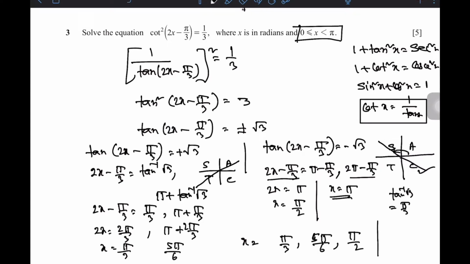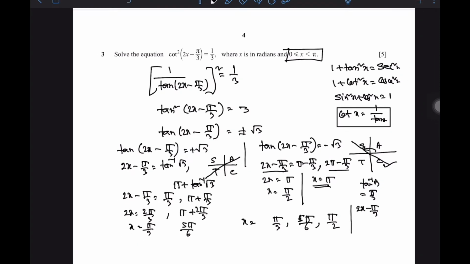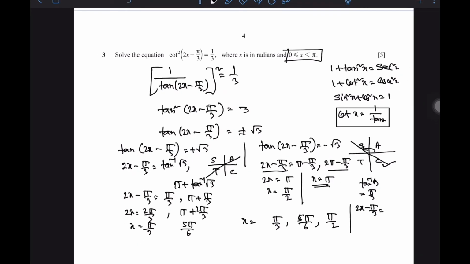We can write minus pi by 3: 2x minus pi by 3 equals minus pi by 3, so 2x equals 0, x equals 0. So if I write all these answers together, x equals 0, pi by 3, 5 pi by 6, and then pi by 2. So these are all the solutions for this equation.